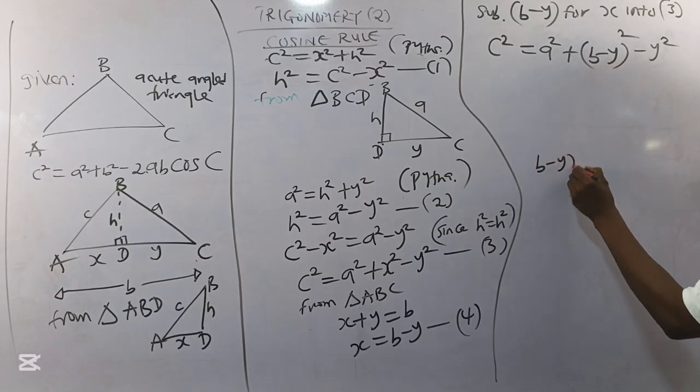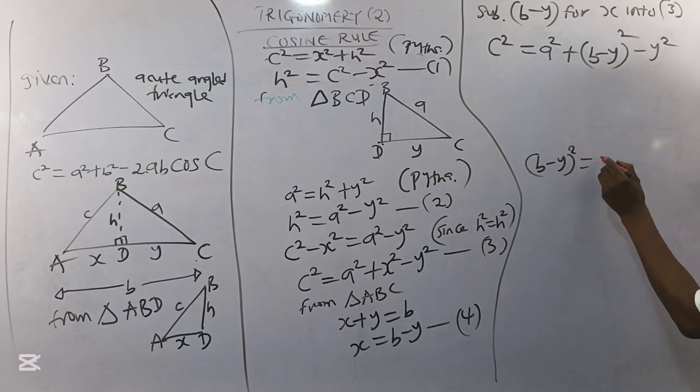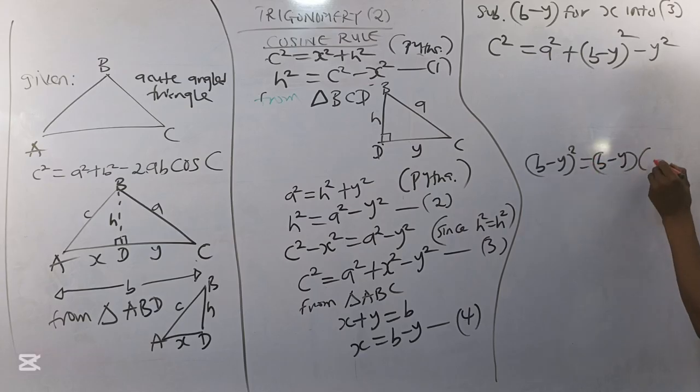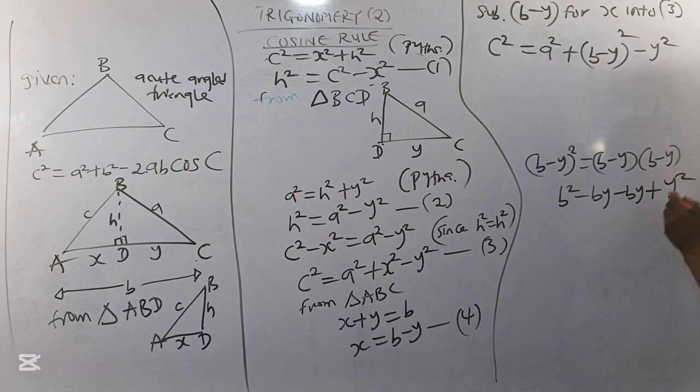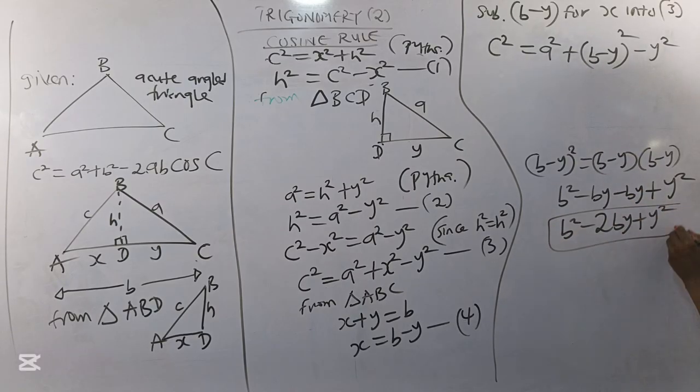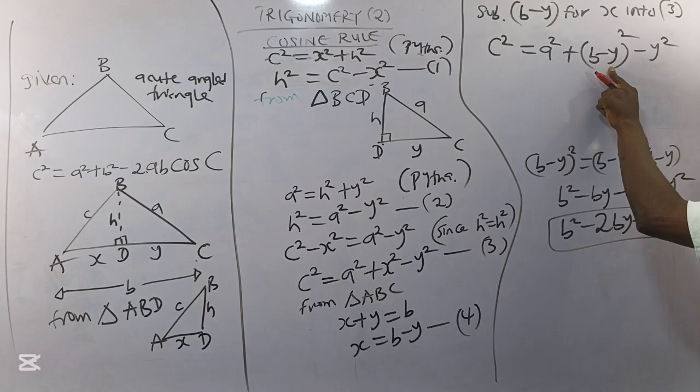This is B minus Y square, which is equal to B minus Y in bracket B minus Y. B times B is B square. B times minus Y is minus BY. Minus Y times B will give me minus BY. Minus minus is plus. Y times Y is Y square. So I have B square minus BY minus BY will give me minus 2BY plus Y square. So I'll put this in place of B minus Y square.